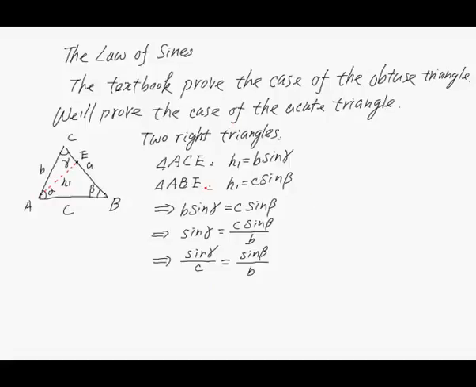Now let's draw another altitude inside the triangle ABC, and this time let me use the blue color. So we draw an altitude from the point C. And let me call this point D. Let me first erase this C here. So let me call this point D. And we use a small c for the length of this side AB.